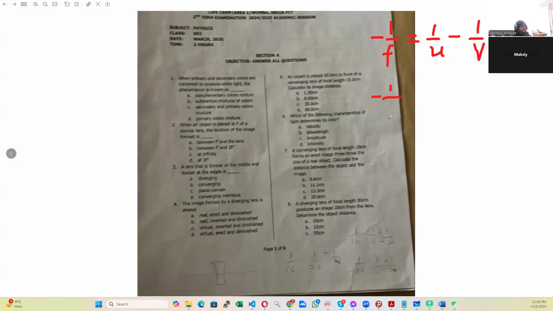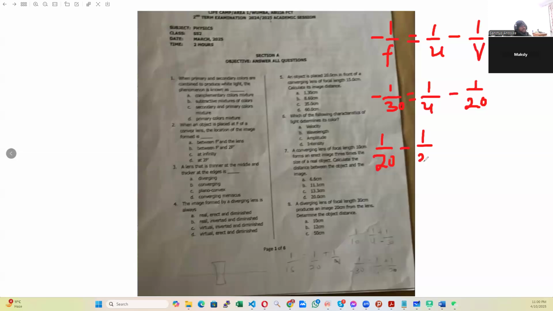And our f is 30. And then u is what we are looking for, minus 1 over 20. So we take this over to the other side, it becomes 1 over 20 minus 1 over 30 equal to 1 over u.